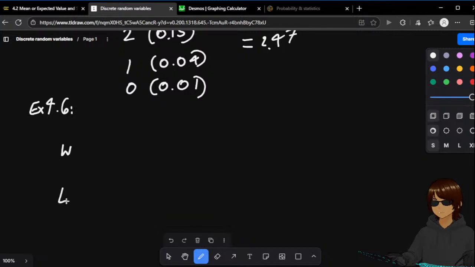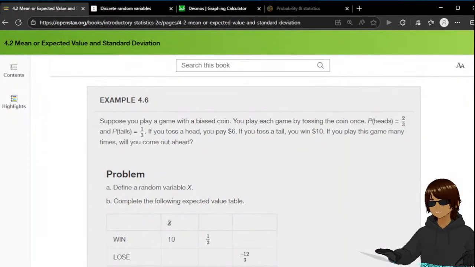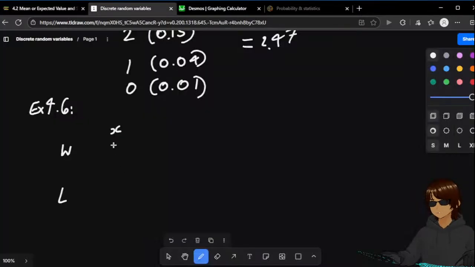Win, lose, and then we have, why did they write 10? So 10. Okay, so this capital X is the money you get after one toss. So X can be plus 10 or minus 6.